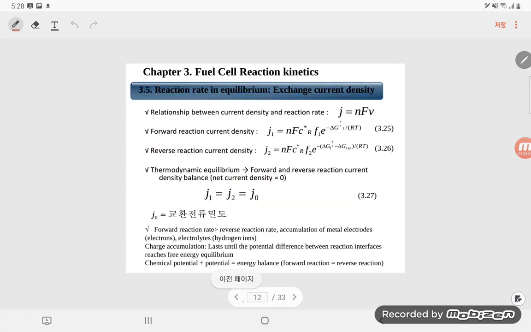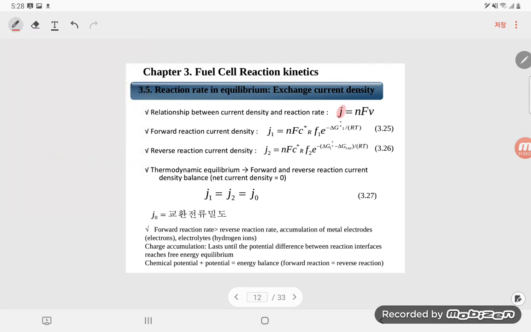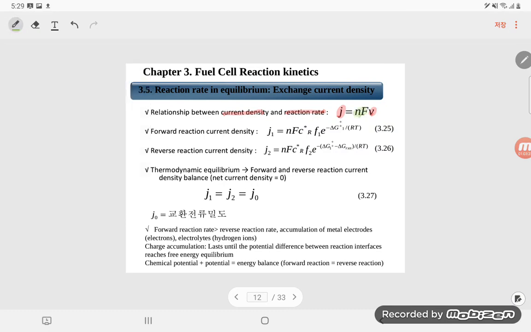And then, the relationship between current density and reaction rate, as we learned before: J is the current density, and this is the reaction rate. If we multiply by nF, we can convert from the reaction rate to the current density.